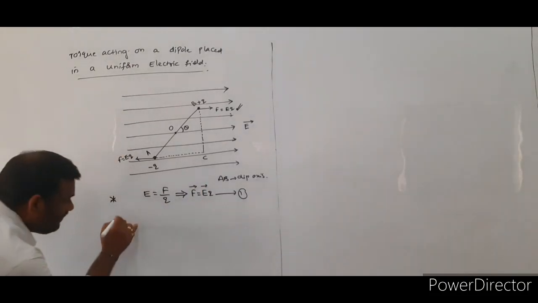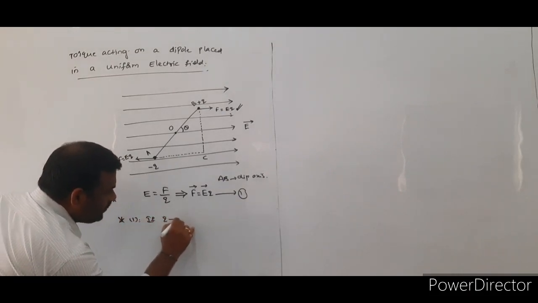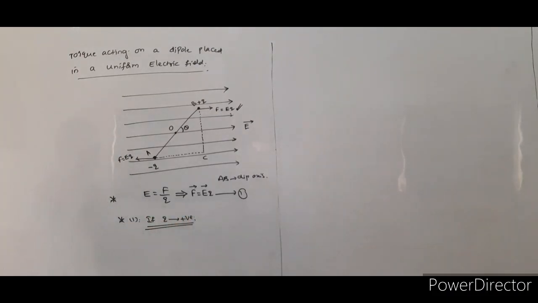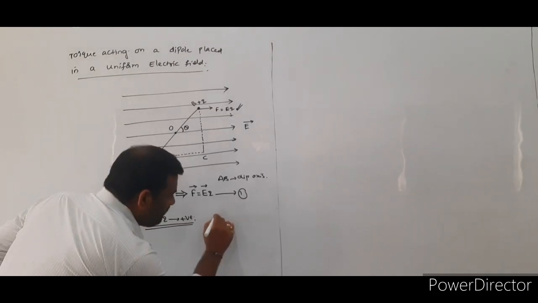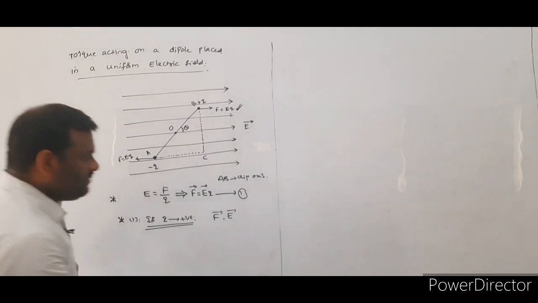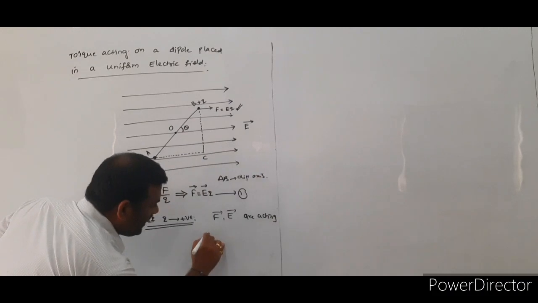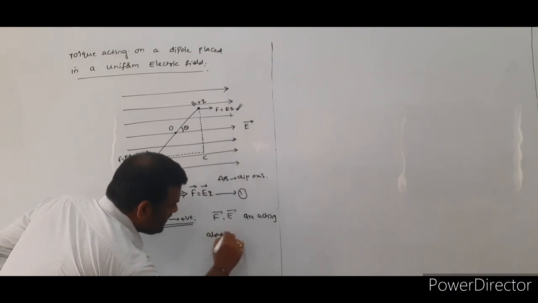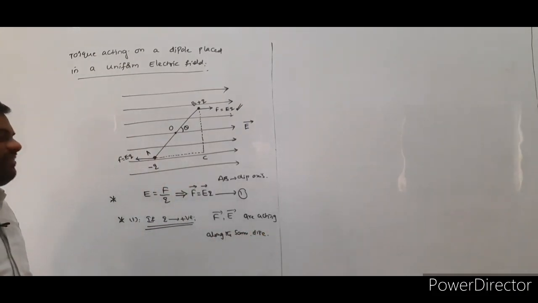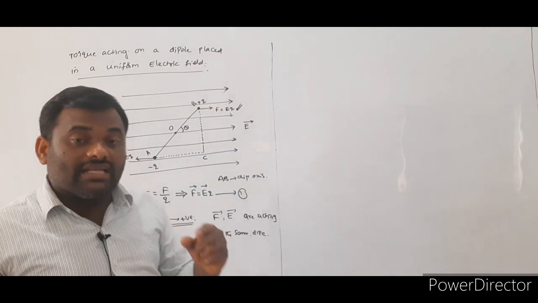Here one thing we have to remember. Case 1: if the charge Q is a positive charge, then both the force F bar and the field E bar act along the same direction. So the direction of the force relative to the field depends upon the nature of the charge.